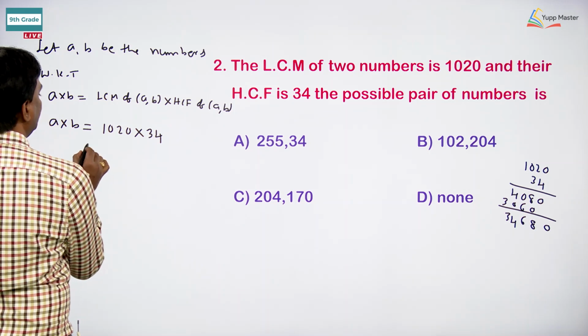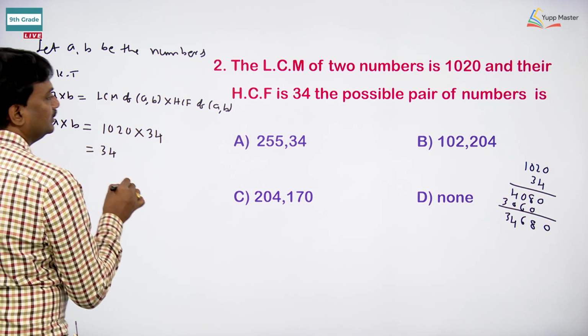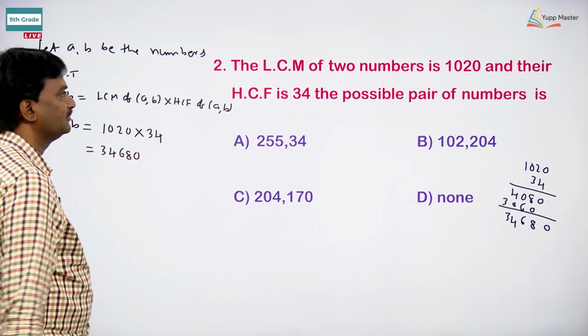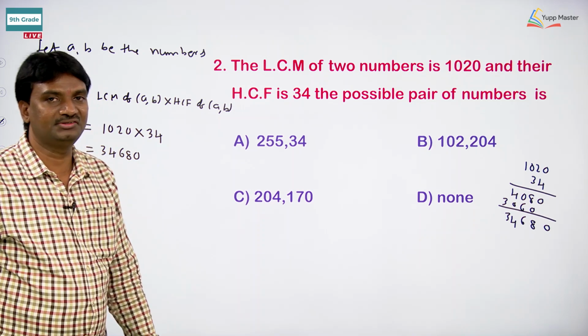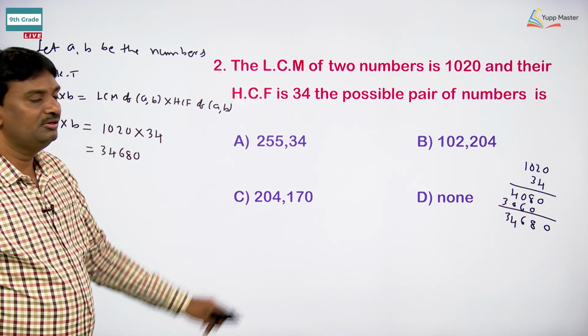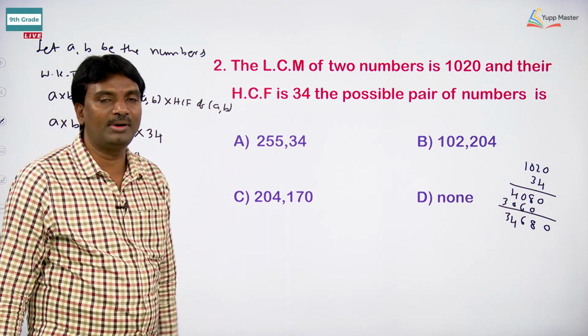So by multiplying these two, we have gotten 34,680.